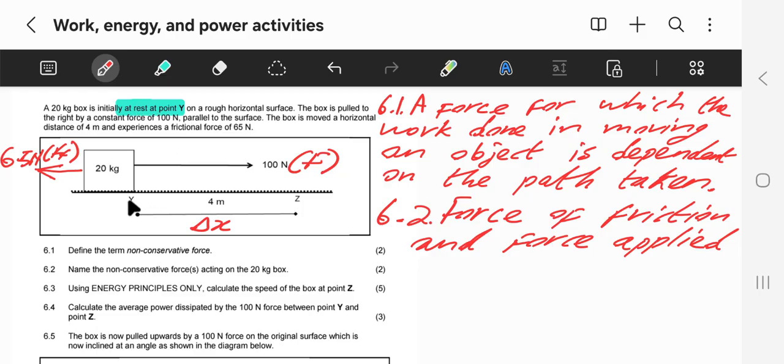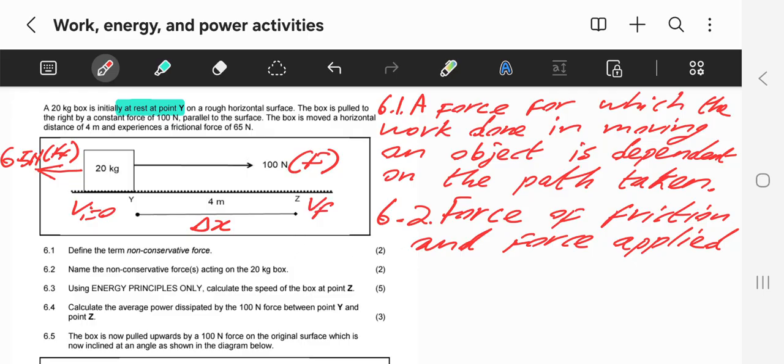So we know that our object is at rest at point Y. So at this point, our object is at rest, and if it's at rest, it means that at point Y, the initial velocity is equal to 0 meters per second, and that means at point Z, we should be having our final velocity, or our final speed. Okay, so that's what we are told, that the initial speed or velocity is 0. The final speed is what we are looking for, or final velocity.